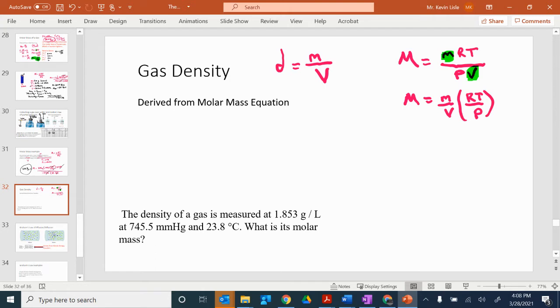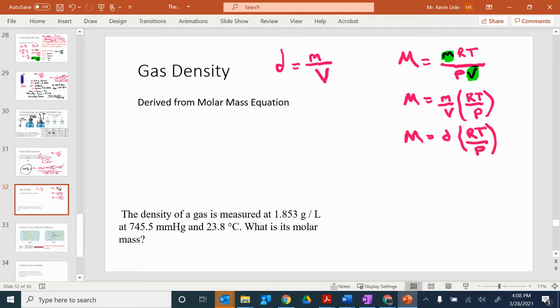I'm going to put some parentheses there to make it look nice, but this is essentially the same equation. Well, if mass over volume is density, then we could rewrite this equation and say molar mass equals density times RT over P.